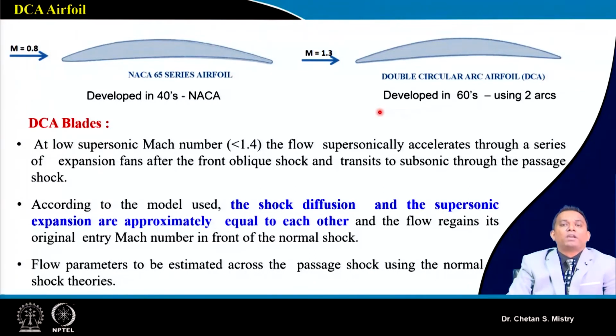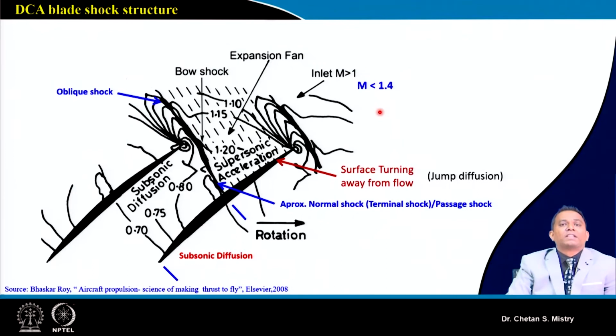That will help us in understanding the variation of different flow parameters. Now in order to realize what exactly is happening, this is a computational study which was reported in open literature. Now here in this case, if you look at, this is our leading edge.